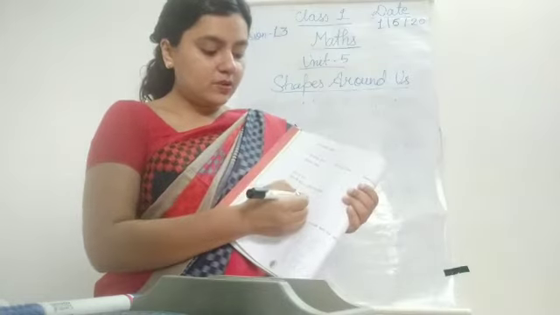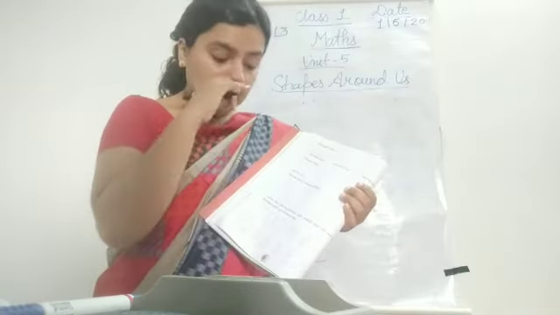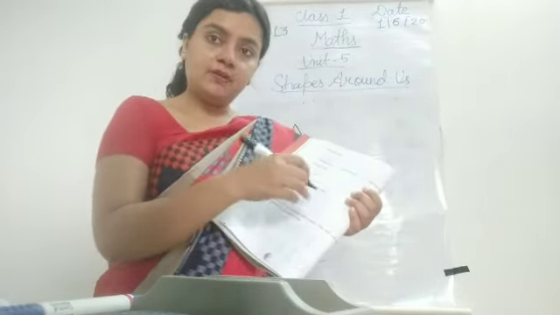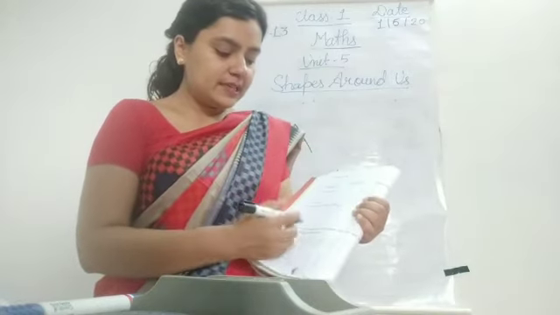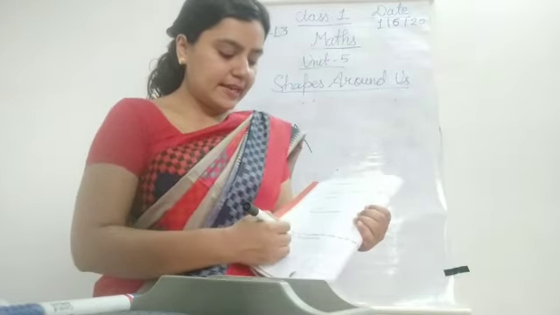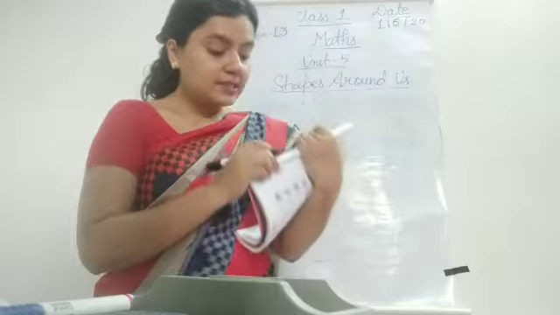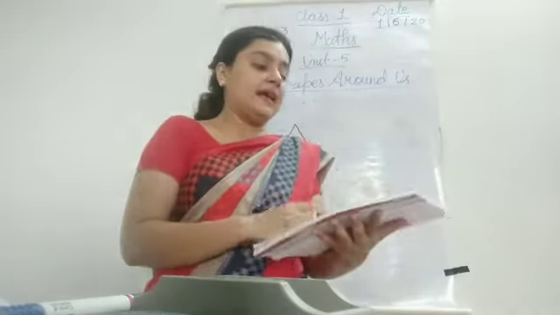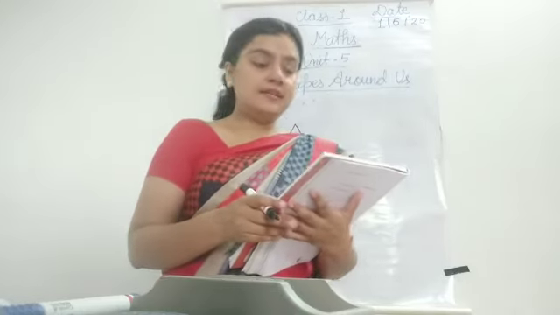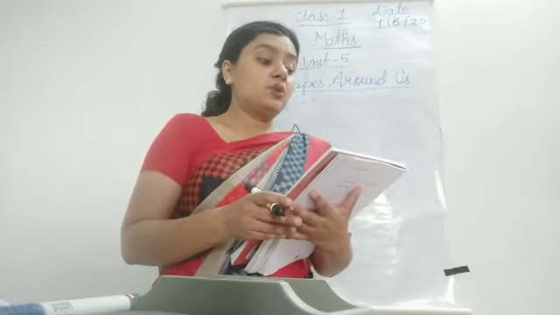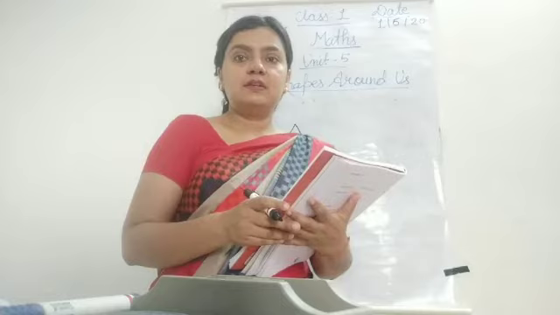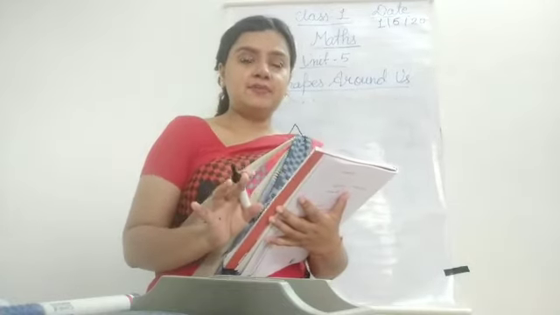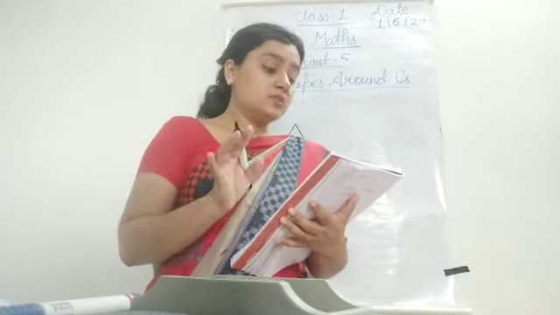Only and only you have to draw the lines by joining the dots. Afterwards, color the letters and numbers with straight lines red, and with curved lines blue. In our next session we will read about solids around us, solid shapes.